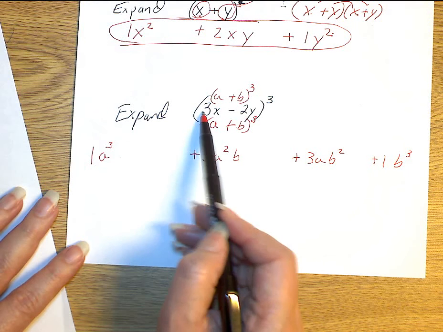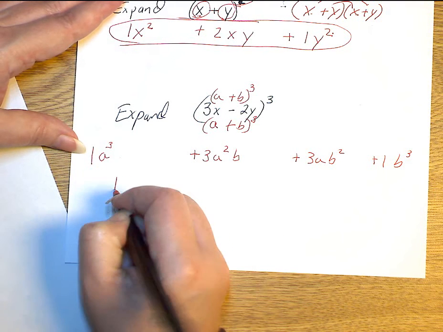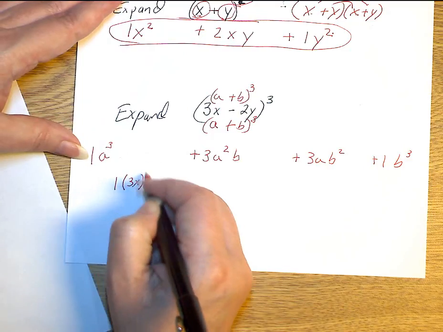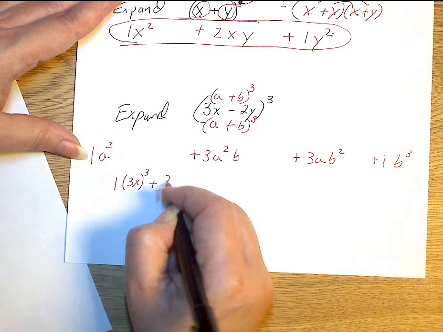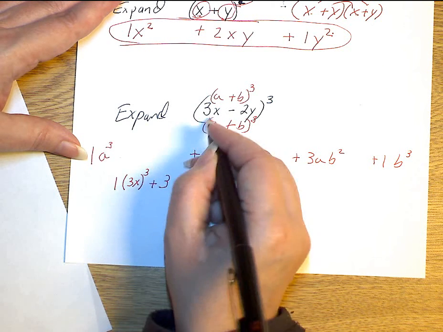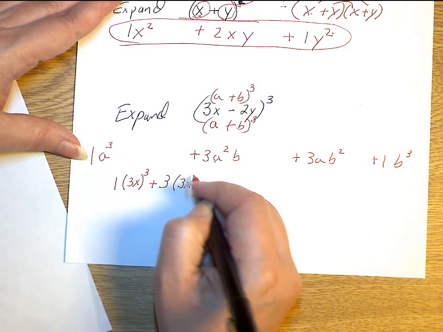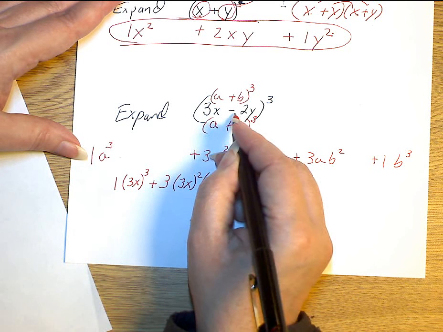But what was A really? 3x, right? So we're going to bring the coefficient down and we're going to put parentheses 3x cubed, plus, bring my coefficient down, 3. But A wasn't really A, it's 3x. So I'm going to go 3x squared but times B, which B was what?